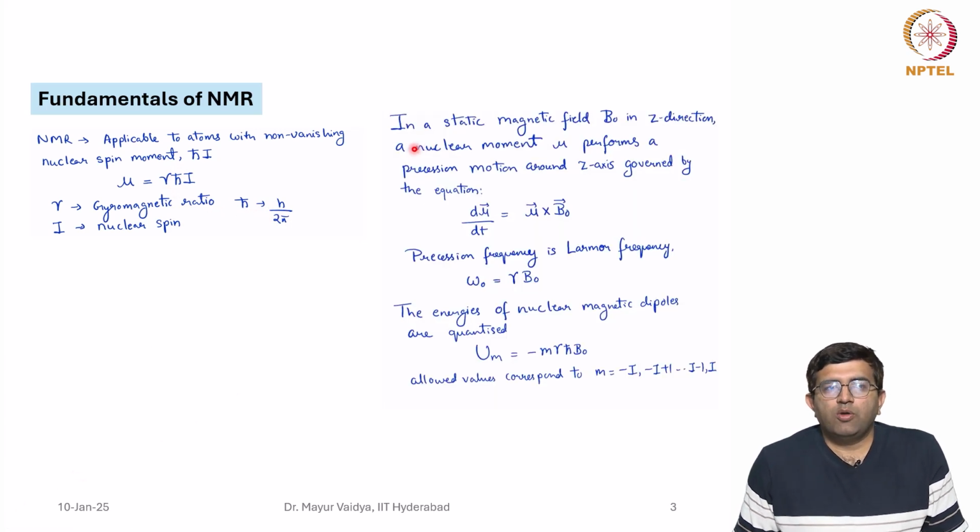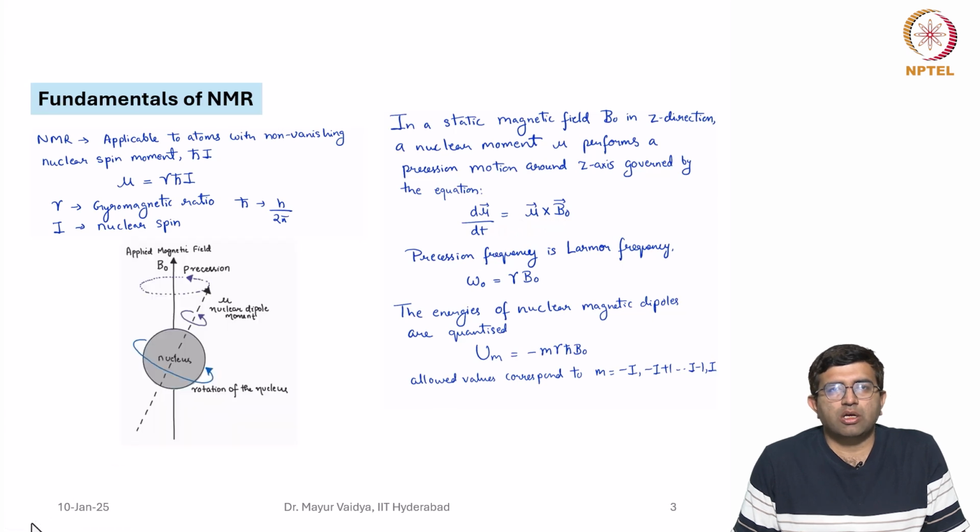Now when you are in a static magnetic field, let's say B naught in the z direction, a nuclear moment mu performs a precession motion around the z axis, governed by the equation d mu by dt is equal to mu cross B naught. What is meant by precession? Precession is a movement like this, where this is your nucleus, and this is the mu, which is the nuclear dipole moment.